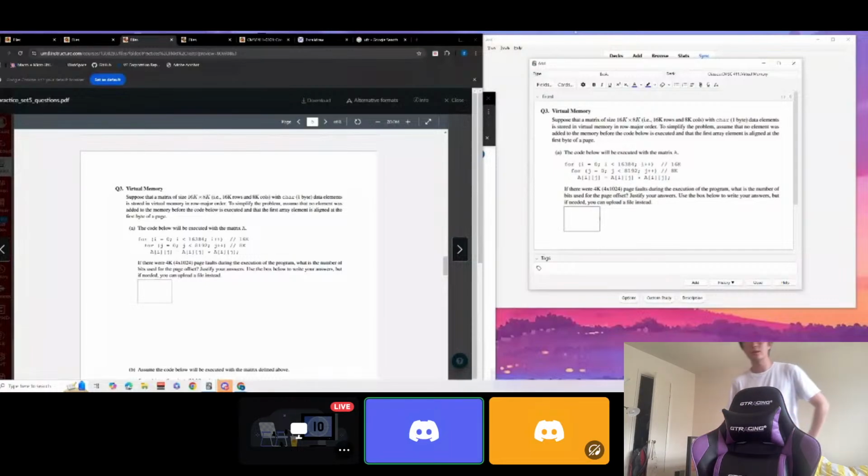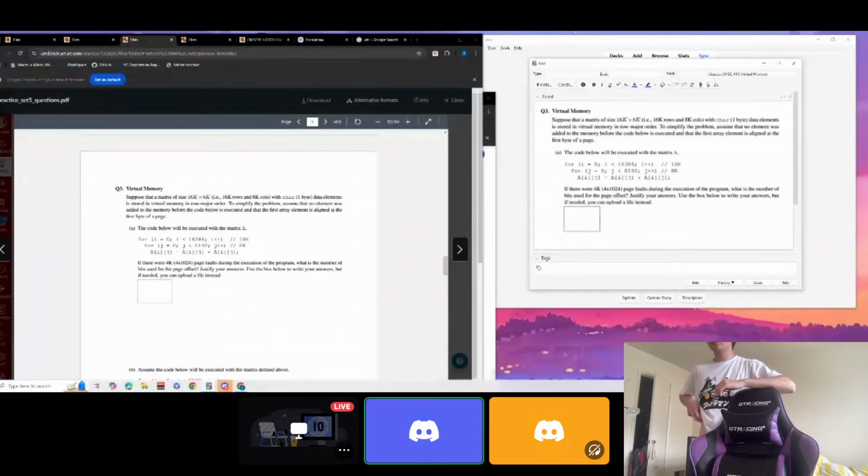Because maybe how this might work is our virtual memory address space is essentially empty, and every time we store something, yeah, I'm not entirely sure.